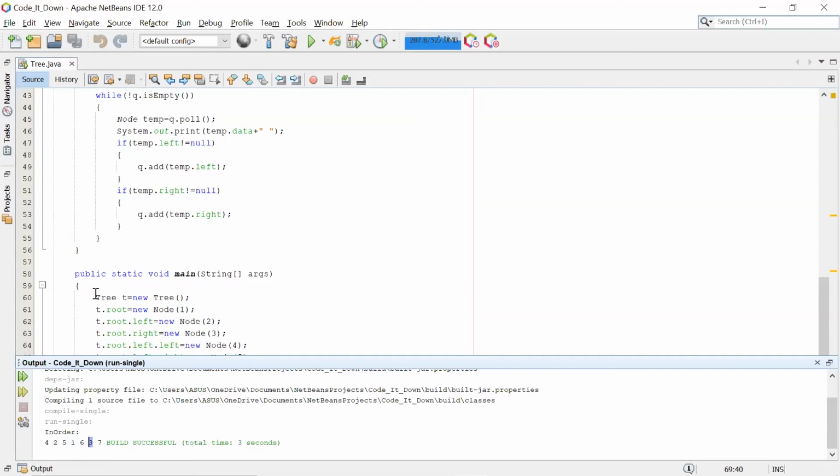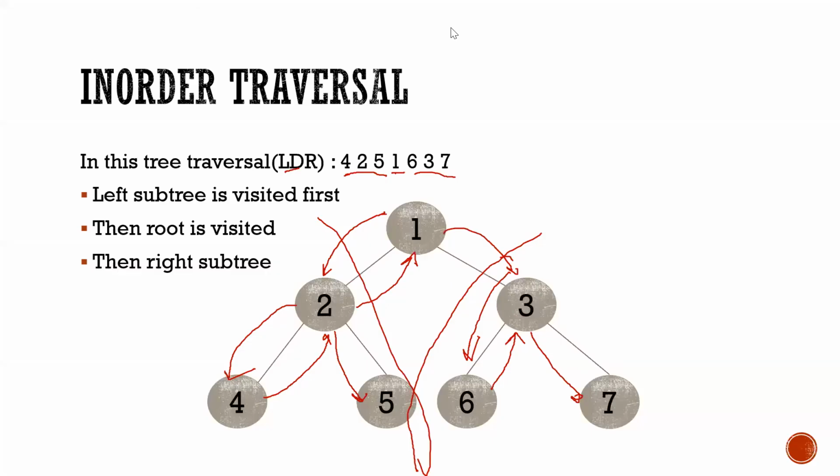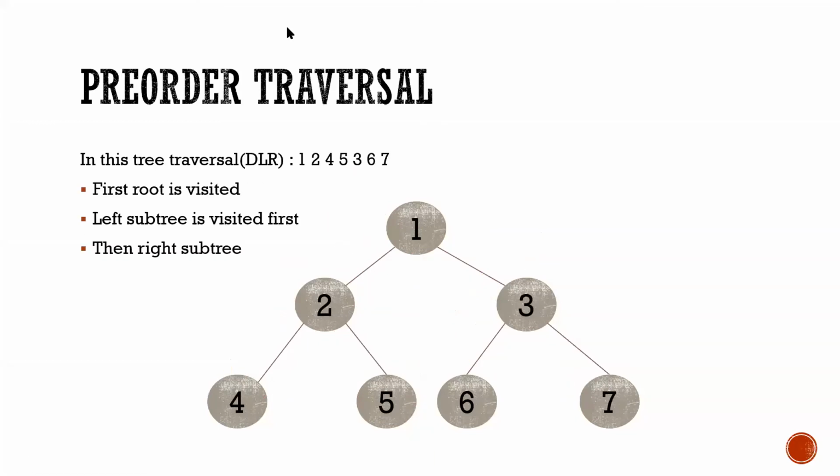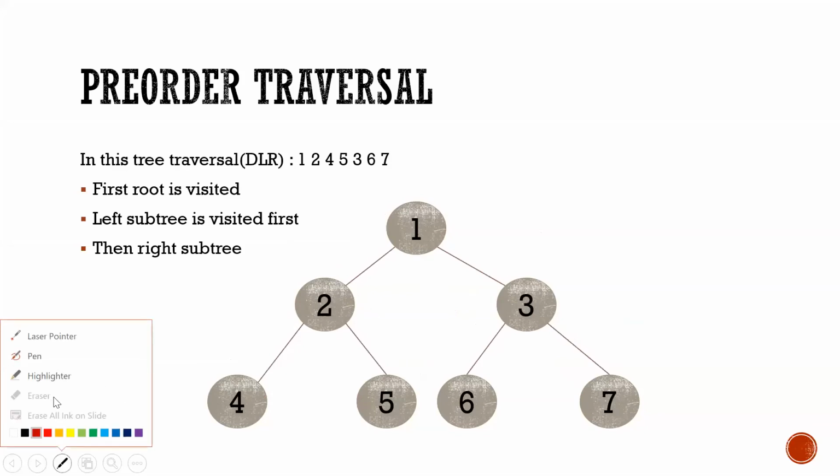So let's move forward to the next traversal. Next is pre-order traversal. In pre-order traversal, first the root node is visited, then its left subtree and then right subtree.